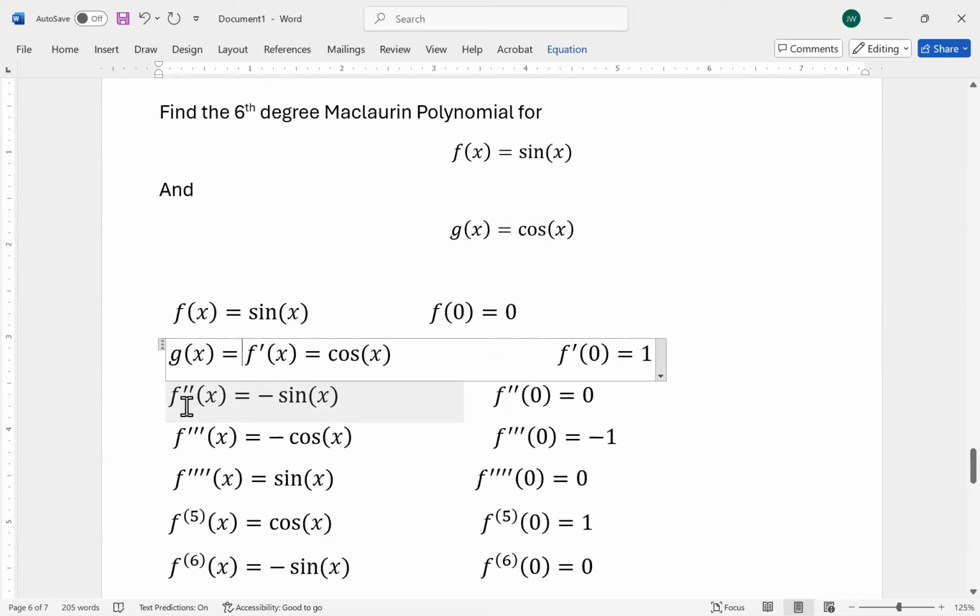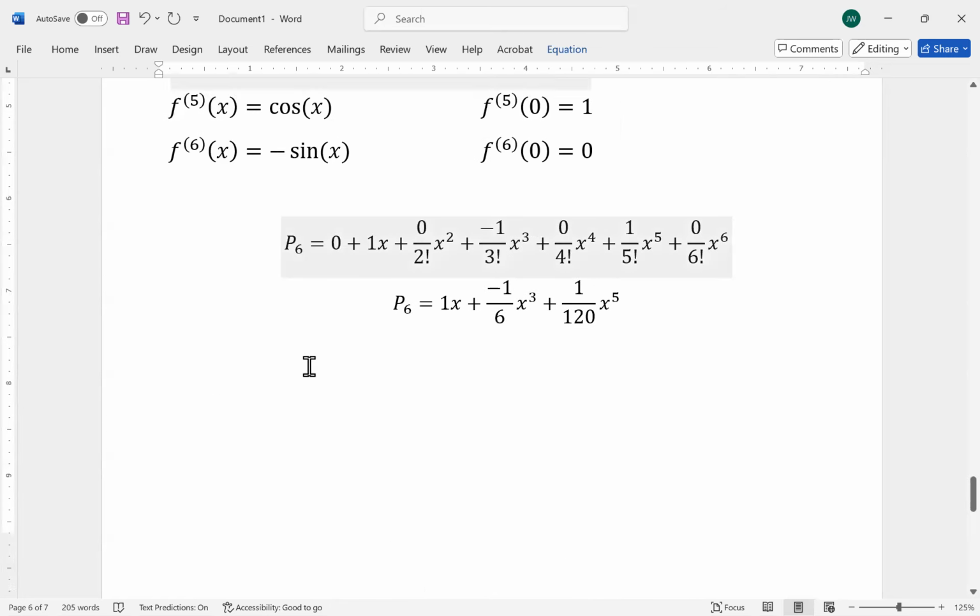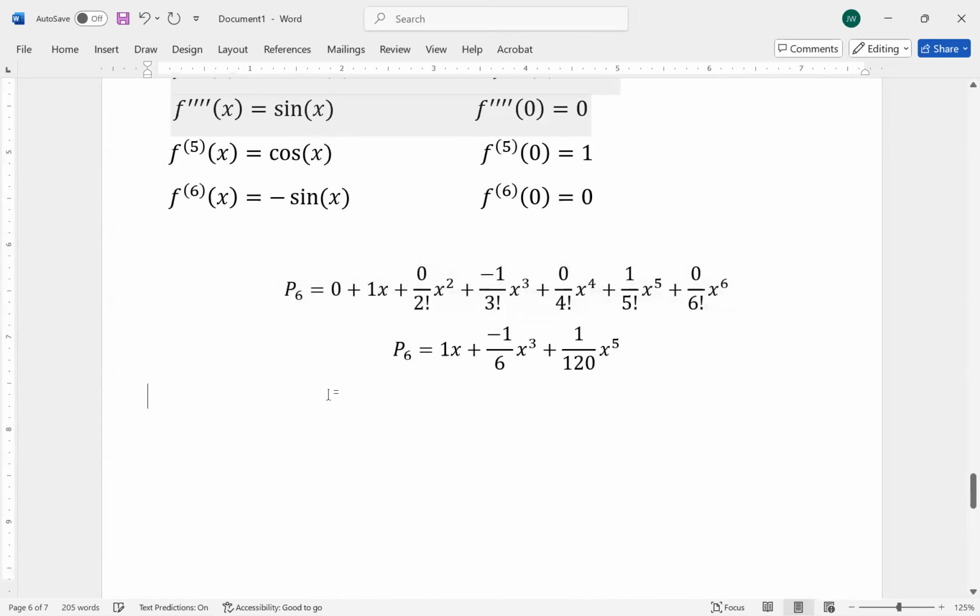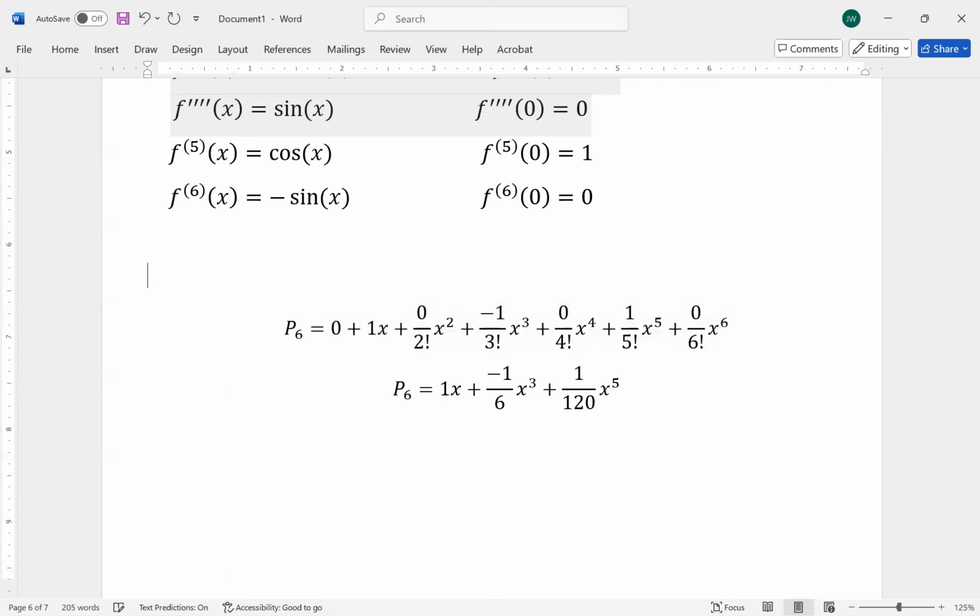So the first derivative of cosine is the second derivative of sine. Hopefully that all makes sense. So when doing g of x, and this again was for f of x equals sine of x.